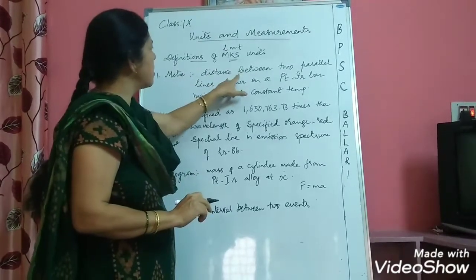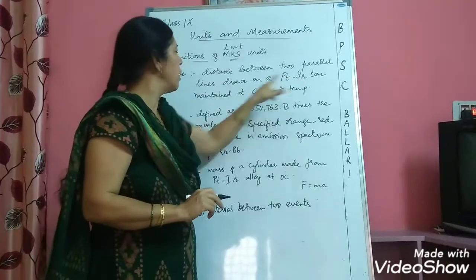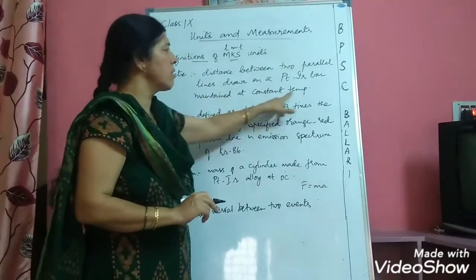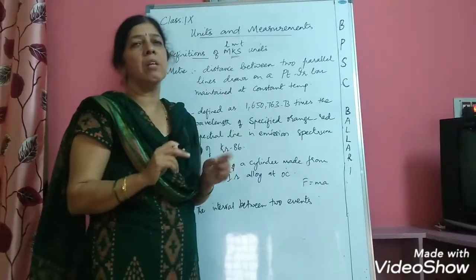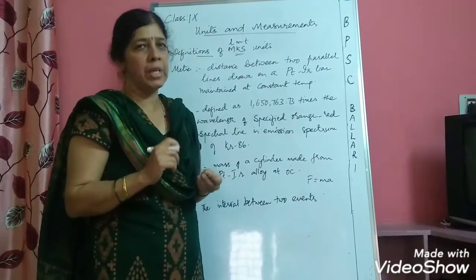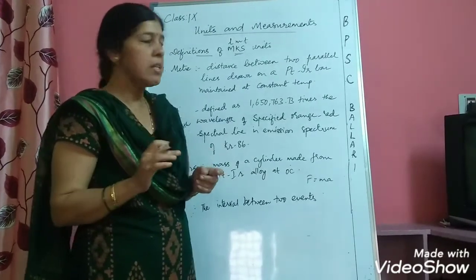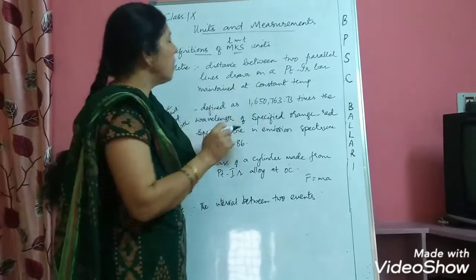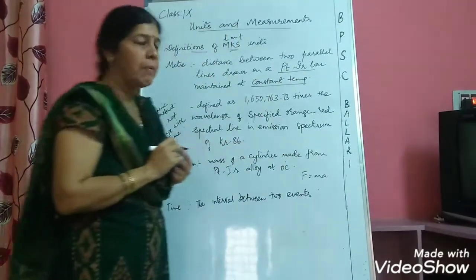Meter is nothing but the distance between two parallel lines drawn on a platinum iridium bar maintained at constant temperature. So we have an organization called the International Bureau of Weights and Measures at a place called Sèvres near Paris in France, where a platinum iridium bar has been maintained at a constant temperature.